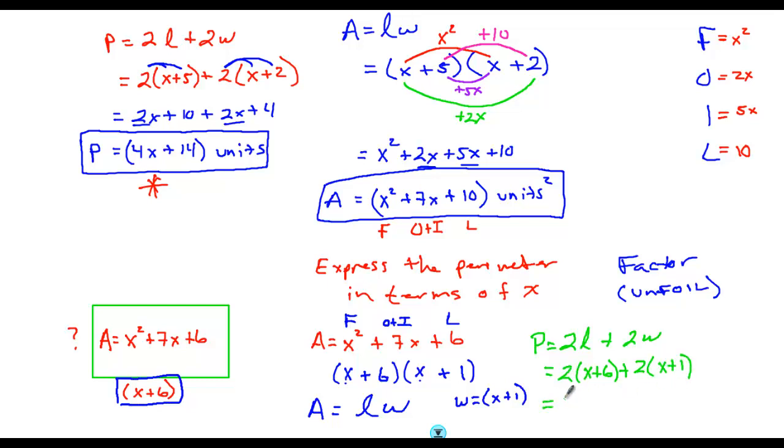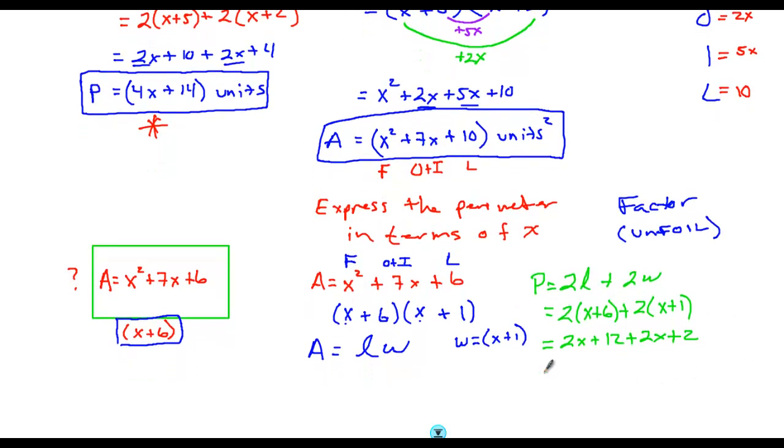We distribute our 2: 2x plus 12 plus 2x plus 2. Move it down just a little bit so I can fit it all in. I look for my like terms. I have here x terms, and then I also have my constant terms. So I get 4x plus 14 units for my perimeter.